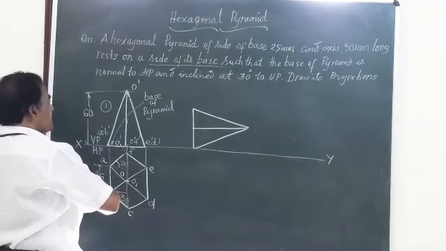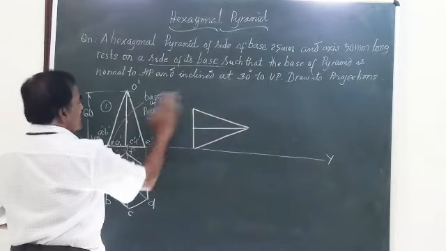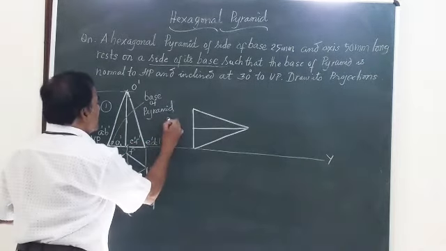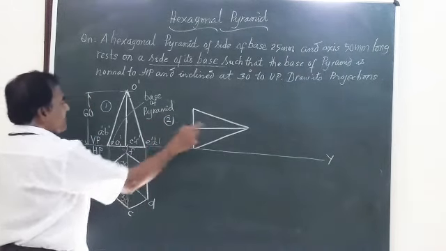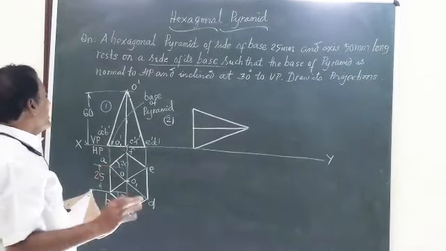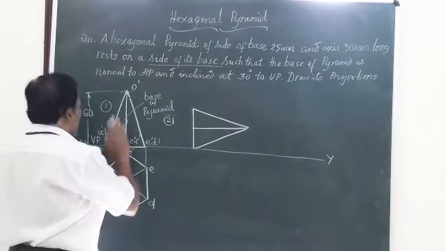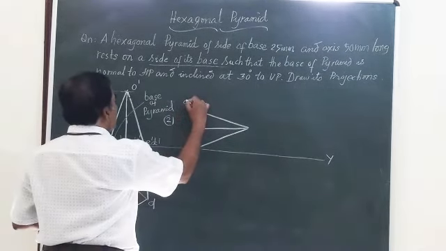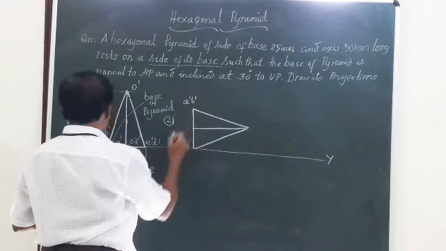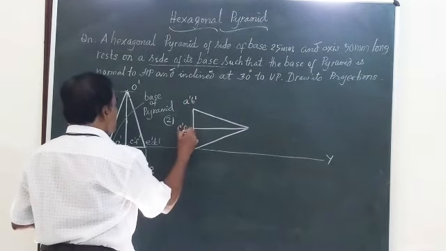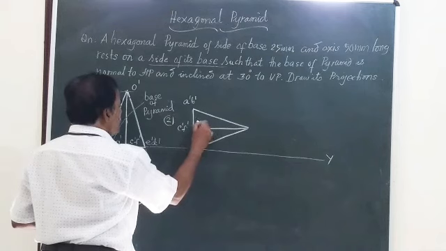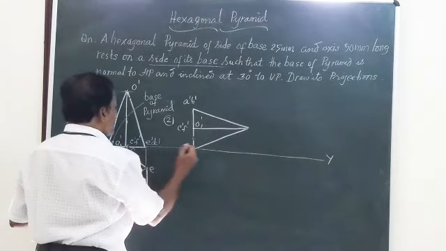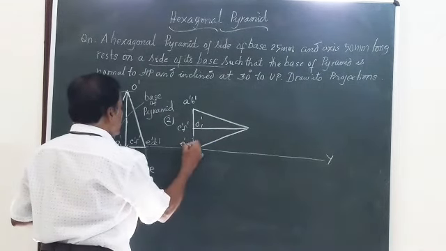So if you just keep this figure like this, same photocopy, this is figure number 2. Figure number 1 and figure number 2 are exactly identical. How to mark them? I had a figure like this, I have placed like this. So the uppermost point becomes A dash B dash, the center point C dash F dash, with center that is O1 dash, and the other one is E dash D dash.